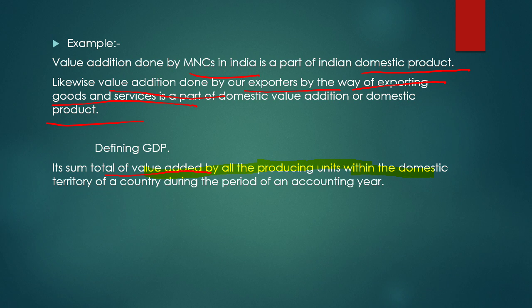Remember this. I repeat, it doesn't matter whether the person is a foreigner or a resident of India. If the commodity is produced in the domestic territory of a country, it will be considered part of the domestic product.